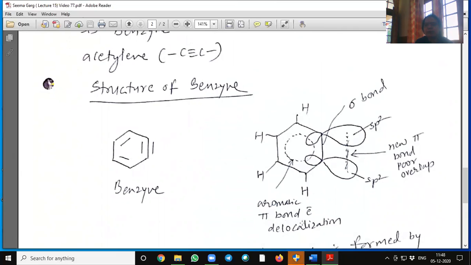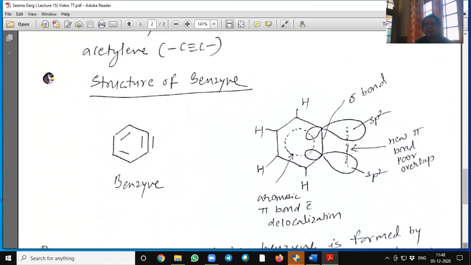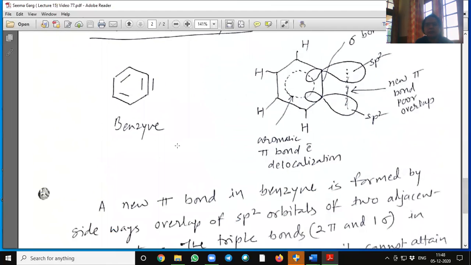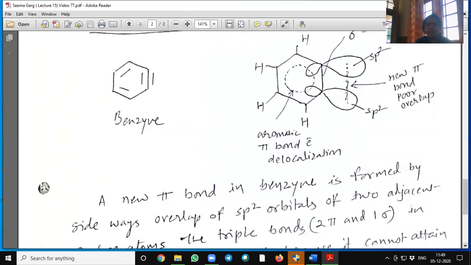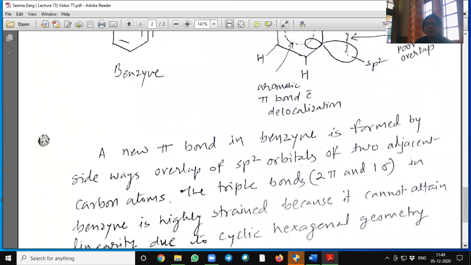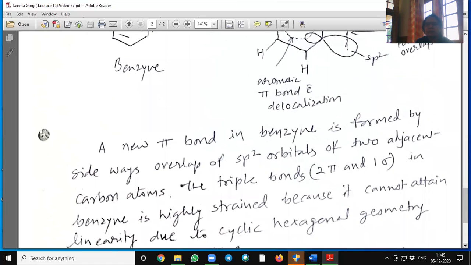The aromatic pi bond electron delocalization remains, along with the new pi bond formation. It is poor overlapping. A new pi bond in benzyne is formed by sideways overlap of sp2 orbitals of 2 adjacent carbon atoms.